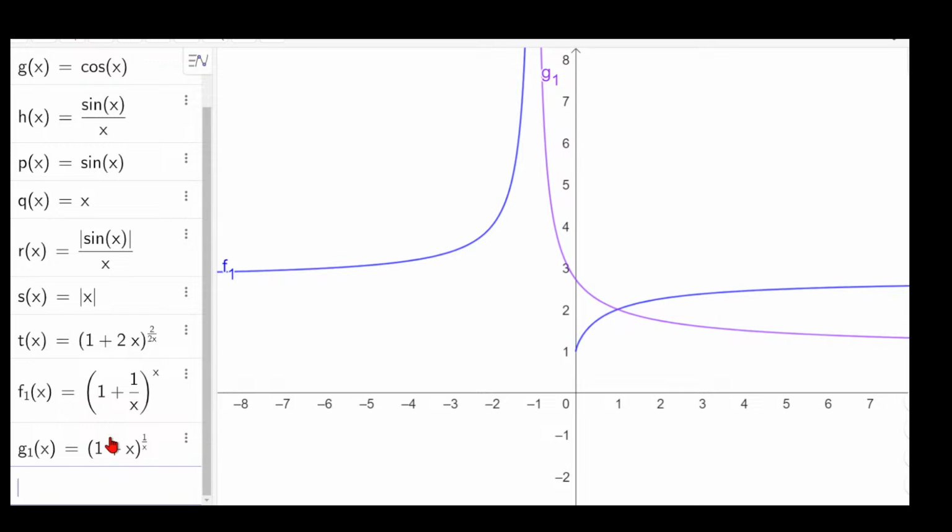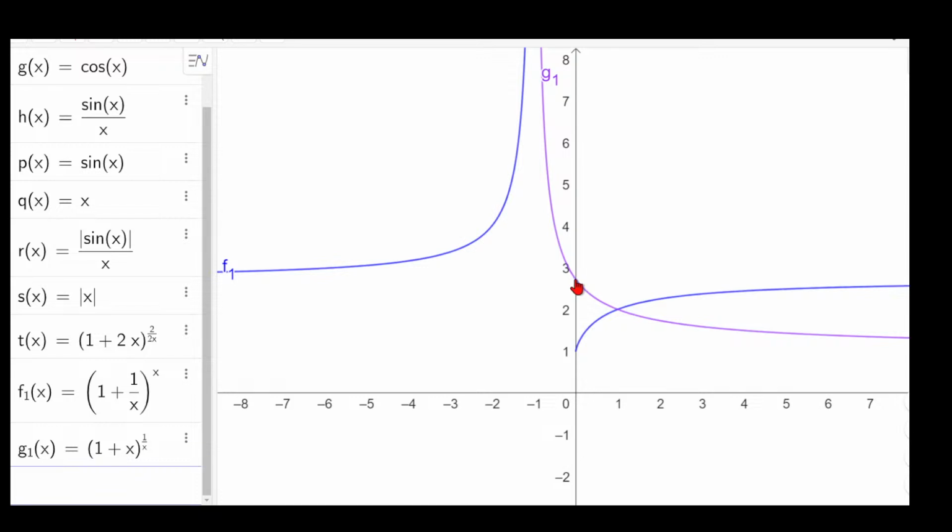Now, can you observe one thing? When x tends to infinity, we are approaching the same number, 2.7, whether you're approaching minus infinity or plus infinity. But can't we say that it is discontinuous?